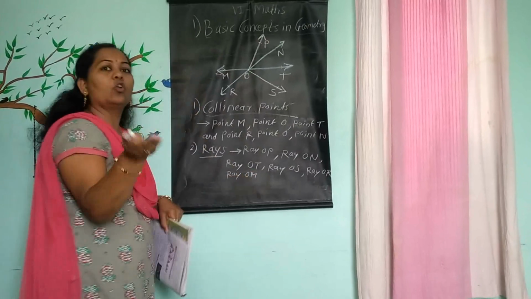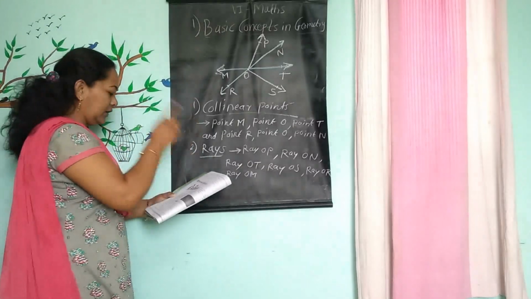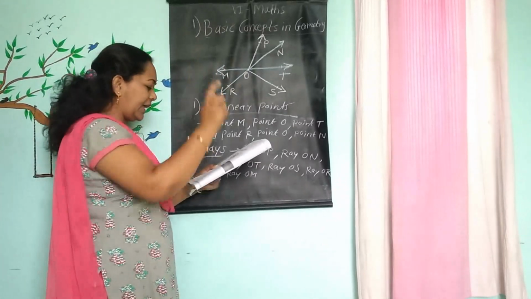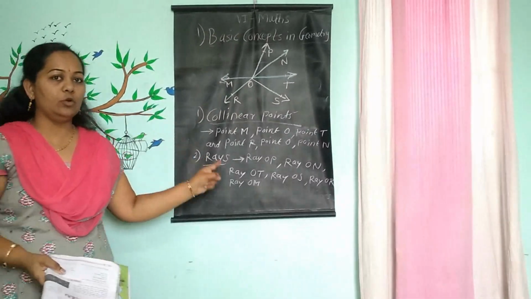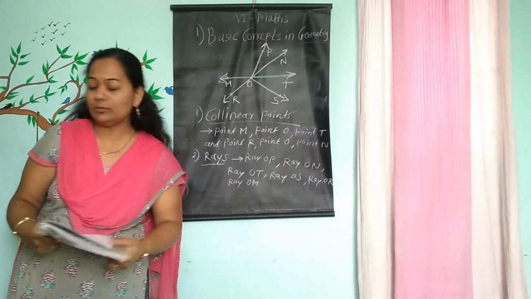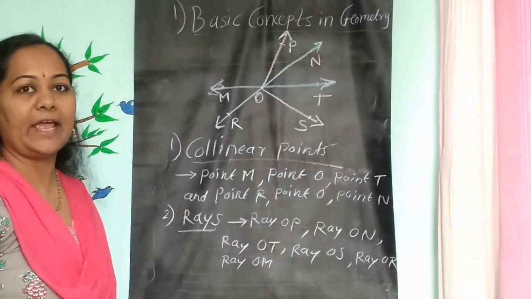You may go clockwise, you may go anti-clockwise. So these are the rays in the given question. Have a look, write as it is in your notebook. Zoom it and copy, or try in your own way.